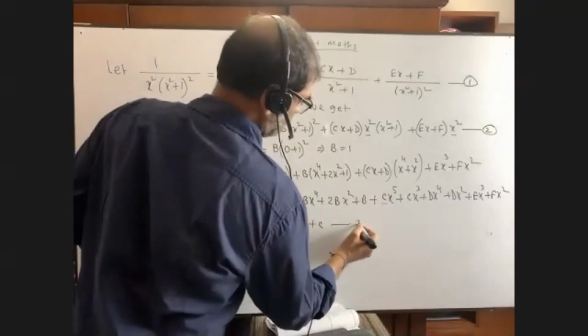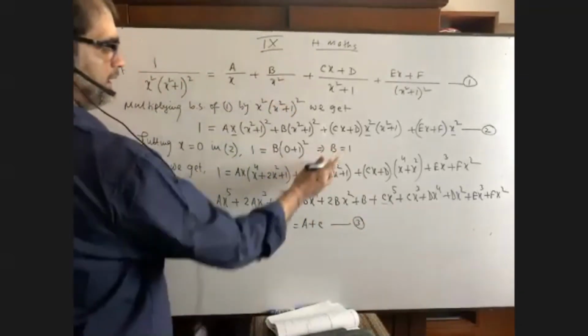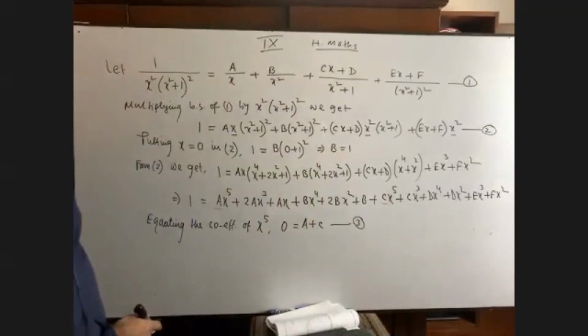It is now 3 because we have no value. B cannot be put here.